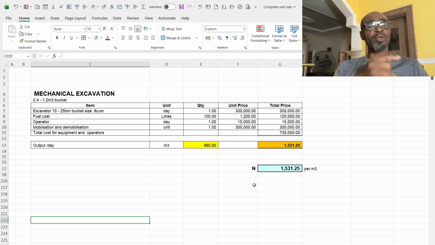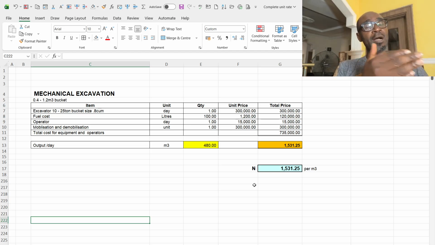We also need to know that the volume of excavation will determine the category you want to go for. If the volume of material you want to excavate is small, you don't need to go rent the semi-heavy duty.